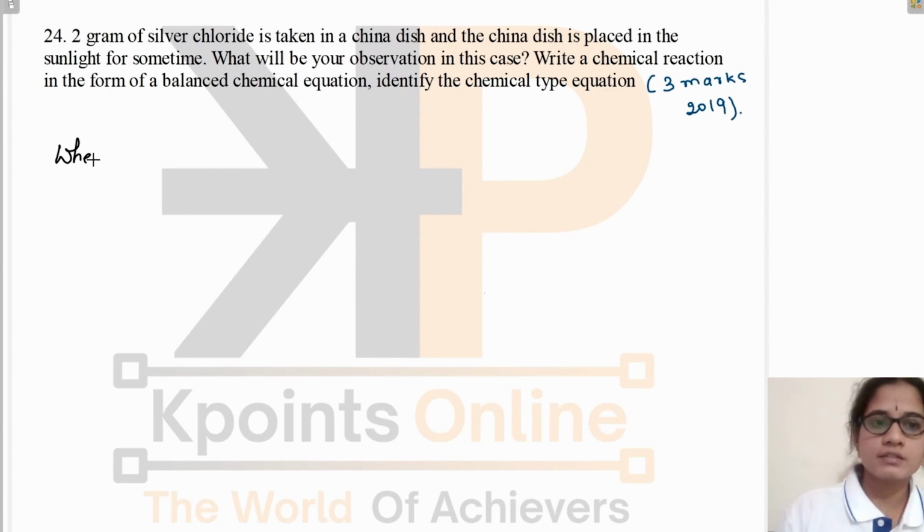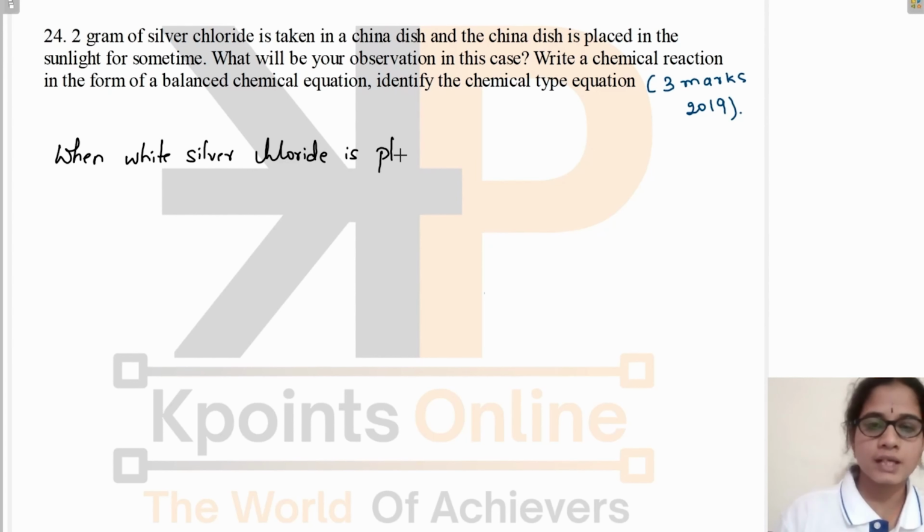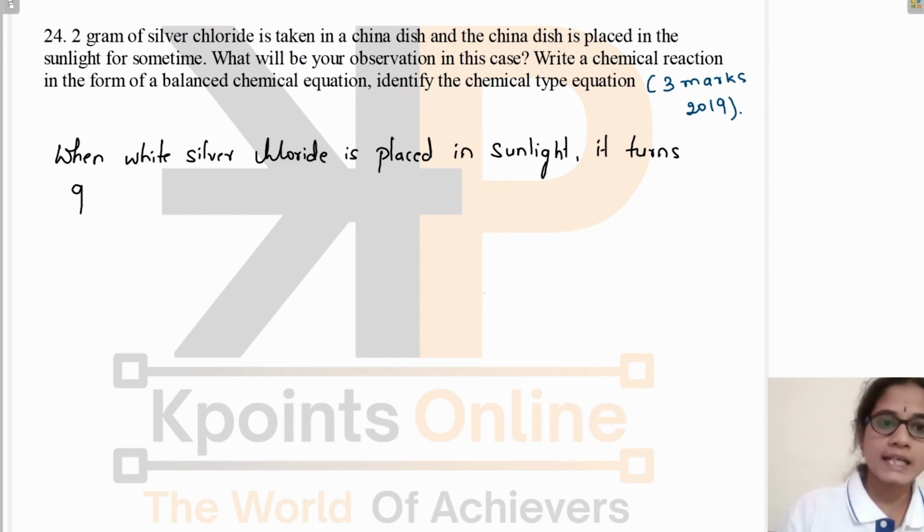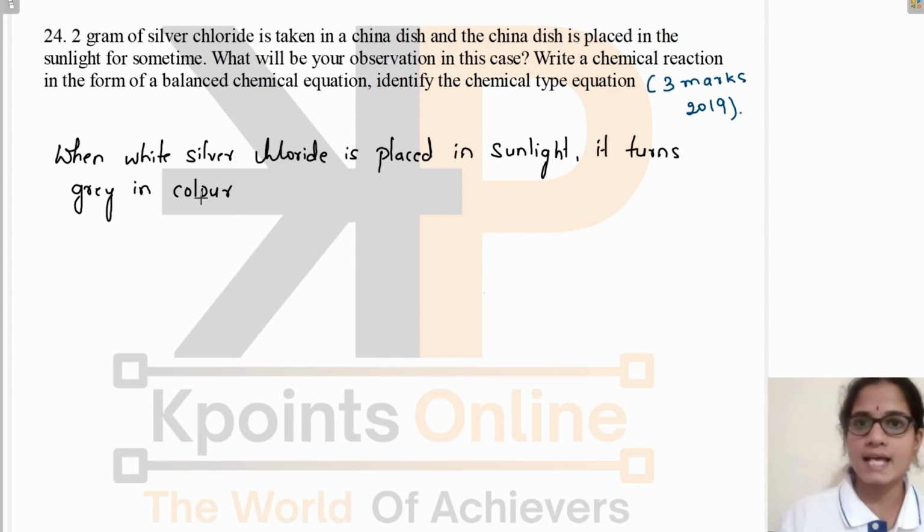Okay, when white silver chloride is placed in sunlight for some time, it turns gray in color. Why? Because the silver chloride has undergone the decomposition reaction in the presence of sunlight to form gray color silver.